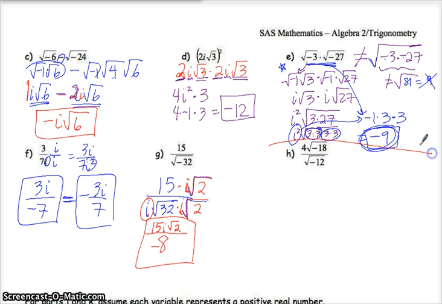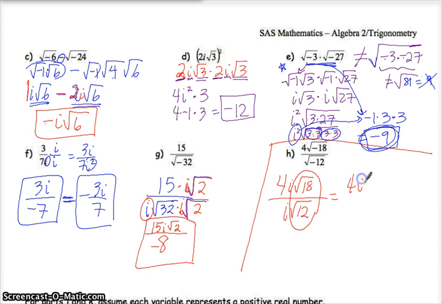Next one, letter H. Okay, letter H, you might want to simplify first, right? So we can take an i and put it with root 18, and then in my denominator, i root 12. Now these are both positive, and they're both underneath the square root sign, so I can simplify them both by 3 if I want to. I don't know if that's going to help, but it might. So they're both divisible by 3, so this becomes root 6, and this becomes a root 4.